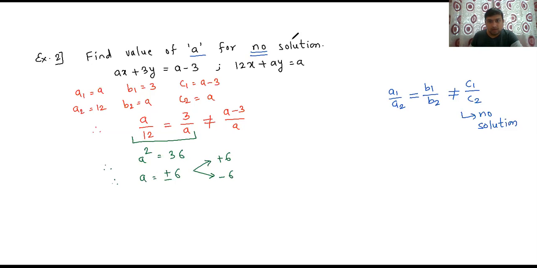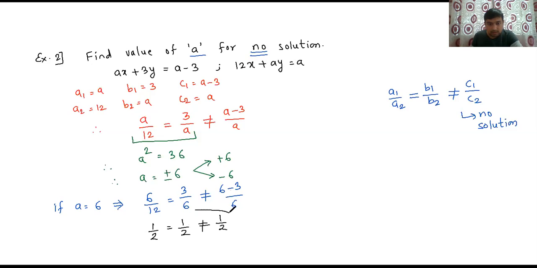If A is equal to 6, let us check. If A is equal to 6, what it gives? So 6 upon 12, which is equal to 3 upon 6, which is equal to 6 minus 3 upon 6. That means, see, this is 1 upon 2, which is equal to 1 upon 2, and this also 1 upon 2.